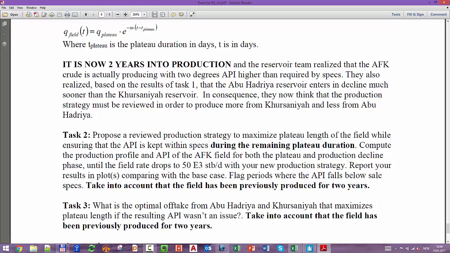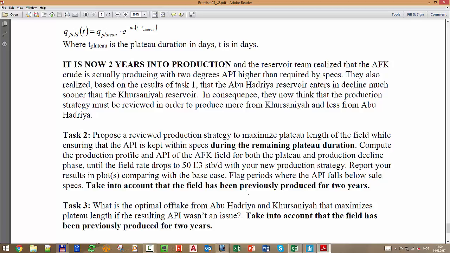So I will suggest doing that and calculating the API that you get from the field and seeing if it's below or above the required. If it's below, you have one option: you can increase the production from the light reservoir just until you get the right API. Because you will probably produce more from Khurasania than Abu Hadria, but you won't get the API.